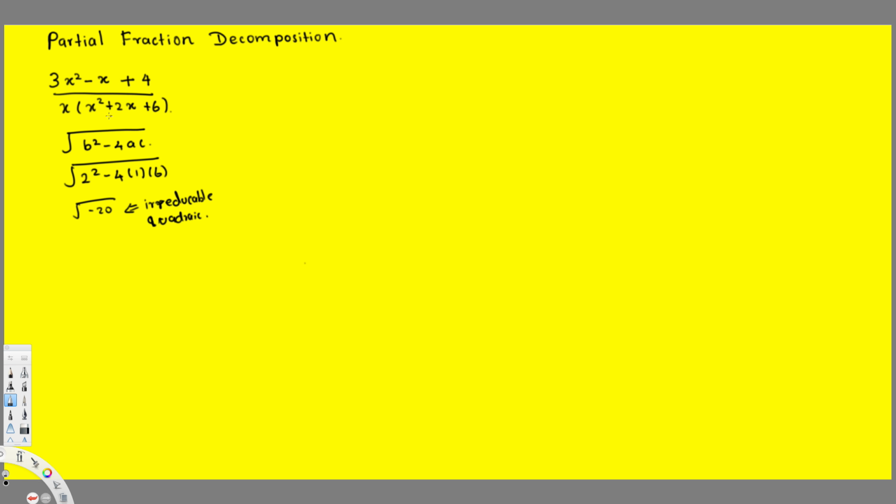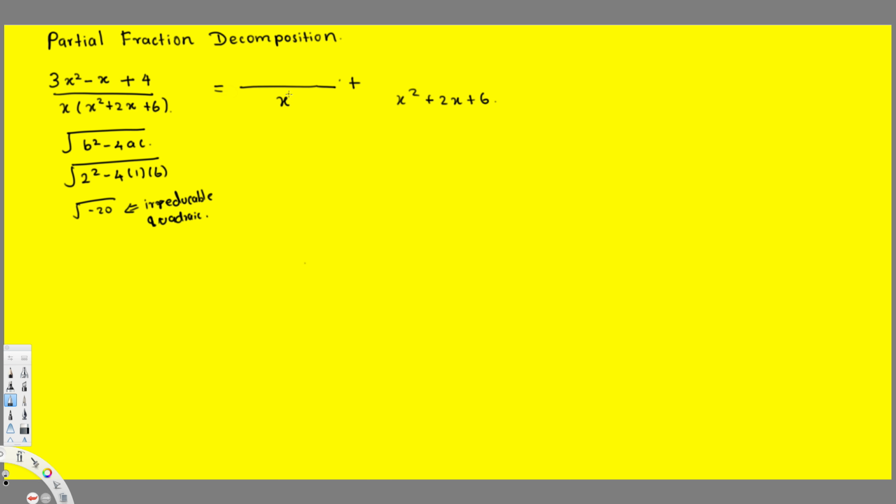So in this case, what I can do, we can take the fraction as it is. Instead of changing anything, we can keep it as it is and take the fraction. So the first fraction is going to be x, and the second fraction I'm going to take the whole thing, x squared plus 2x plus 6. But in the top, we always have to take one power less.